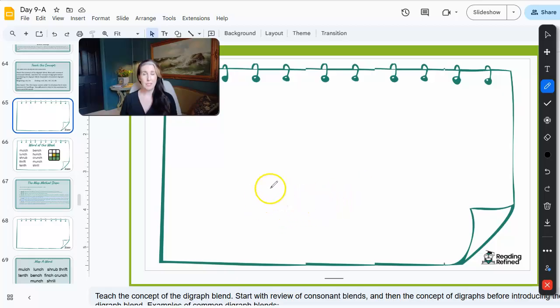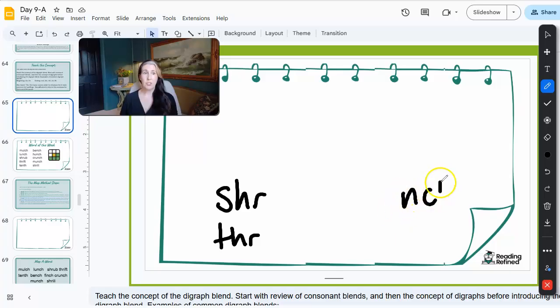But digraph blends can be at the beginning of a word like shrub or three. They can also be at the end of the word like nch in the word lunch. This is one of the more common ones. We can also see ulch like in mulch.